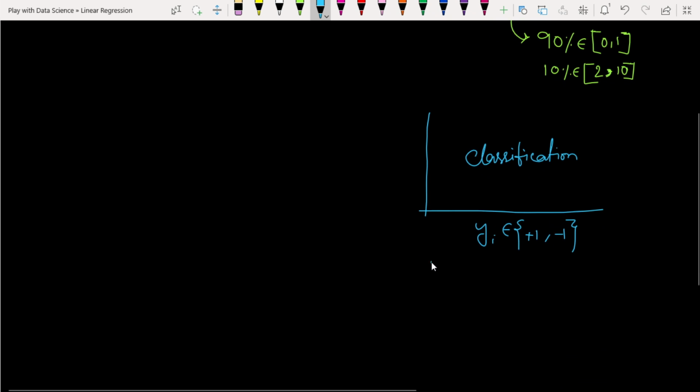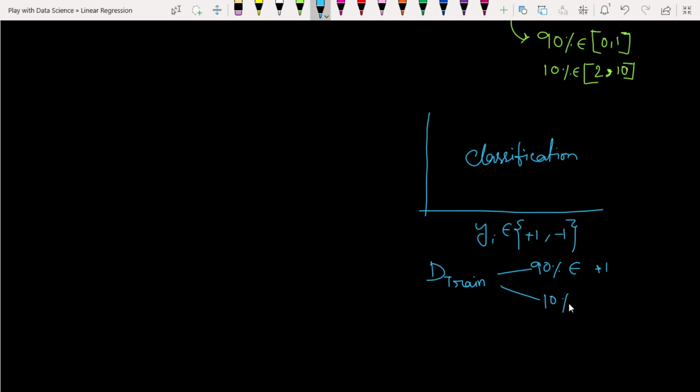If we see our D-train data set, among it 90% of the data belongs to the +1 class and only 10% belongs to the -1 class. This means it is not well distributed.